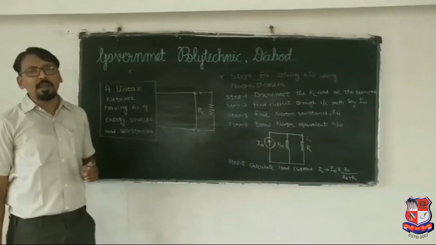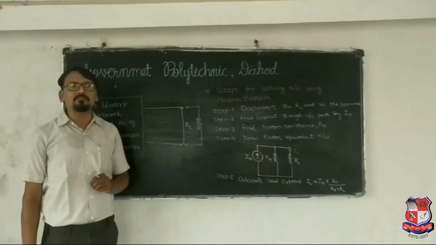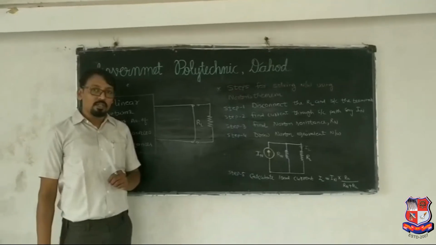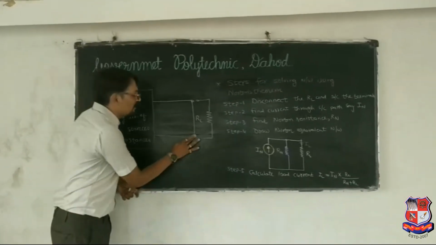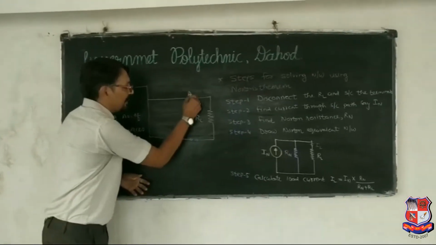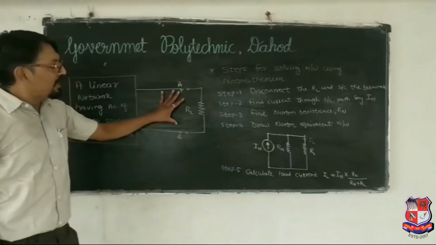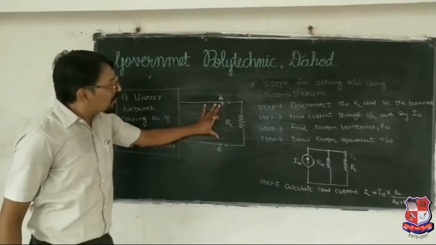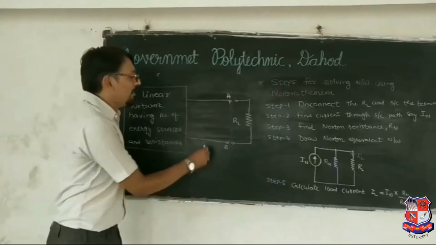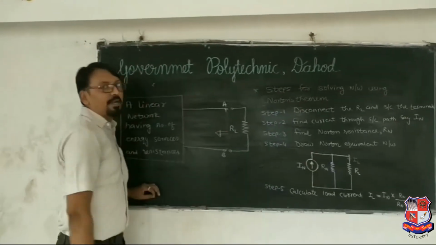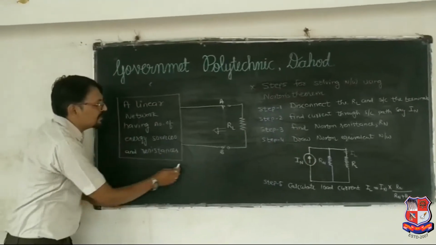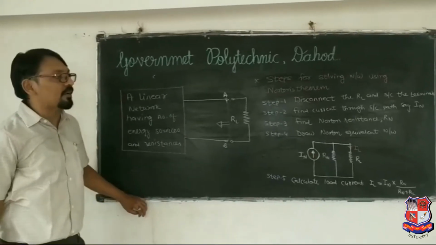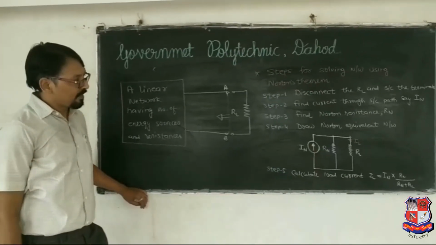Using series parallel combination or star delta transformation, we find the equivalent resistance for the terminal, say AB. When we calculate this, we keep the terminal open and look into the circuit from the open terminal. Whatever resistance is seen is known as the Norton resistance.